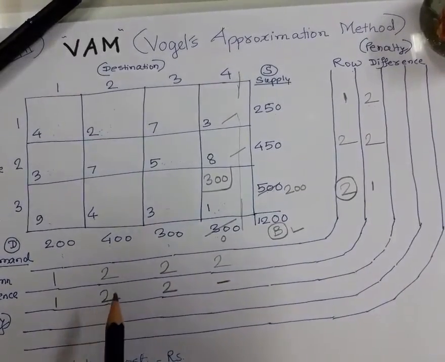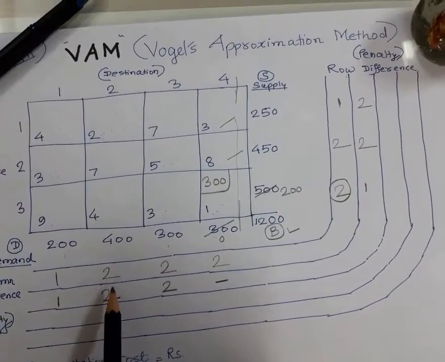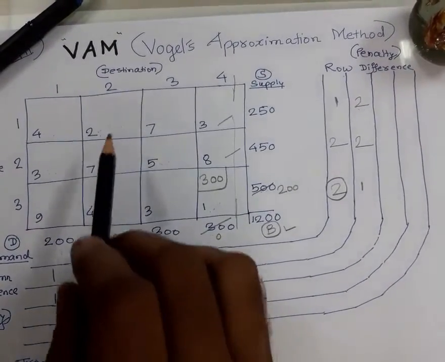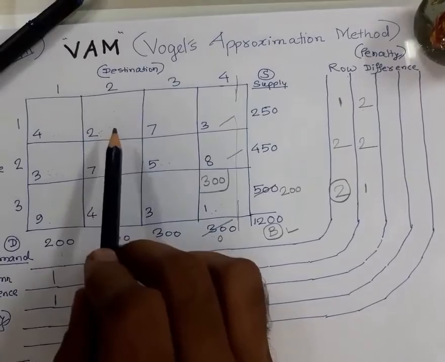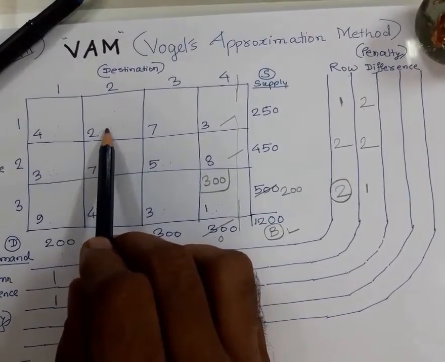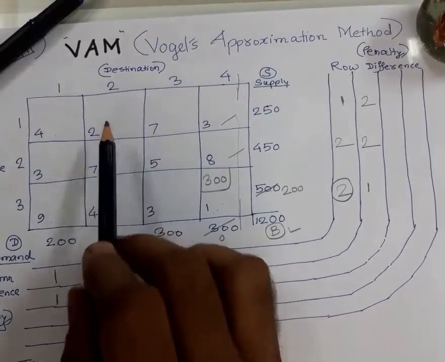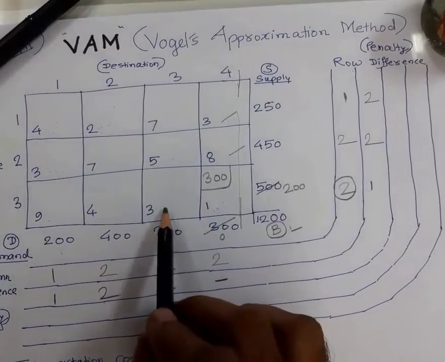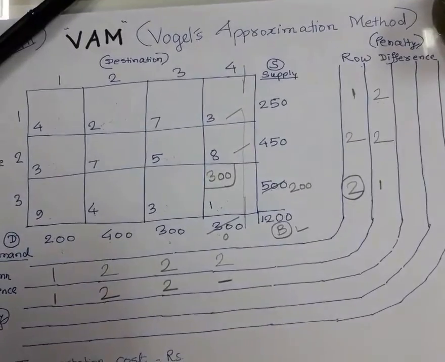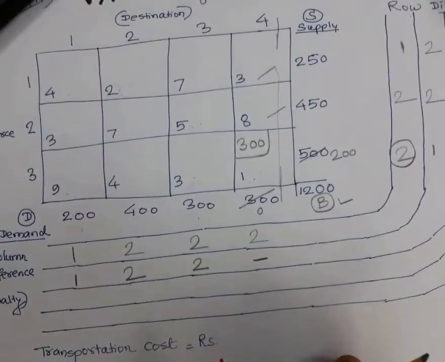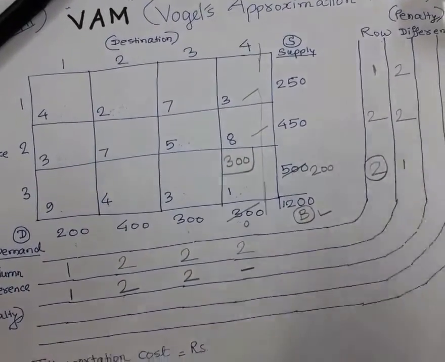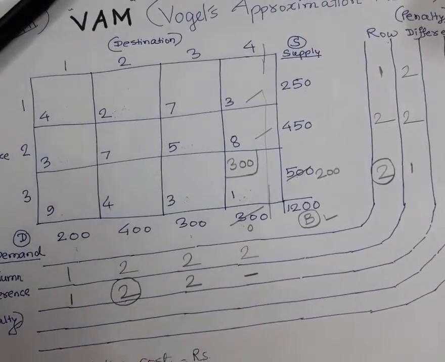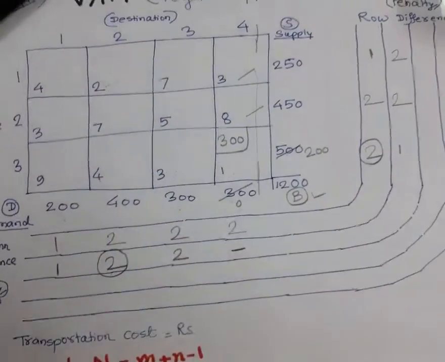Now the next maximum penalty 2 is also here, so that see second column, it's the smallest transportation cost, this cell, here we can allocate 250 to 400. For this one, here we can allocate at the most 200, so that we will select this second column for allocations.